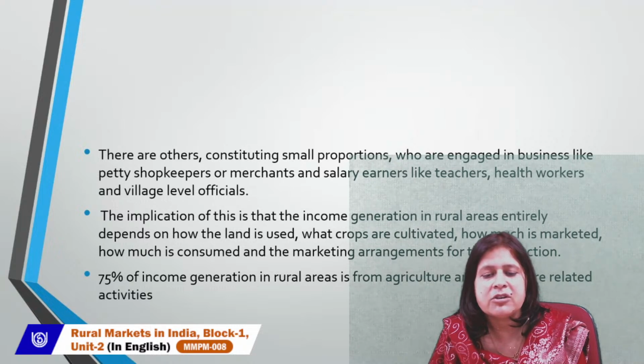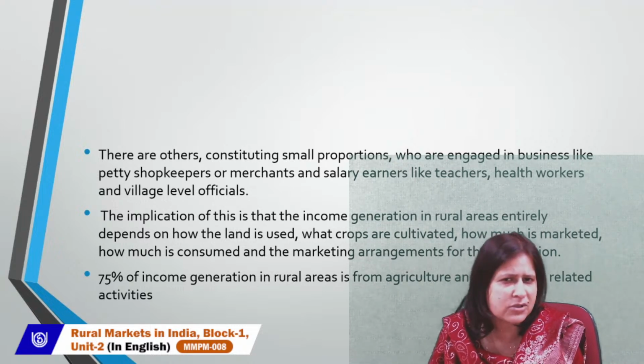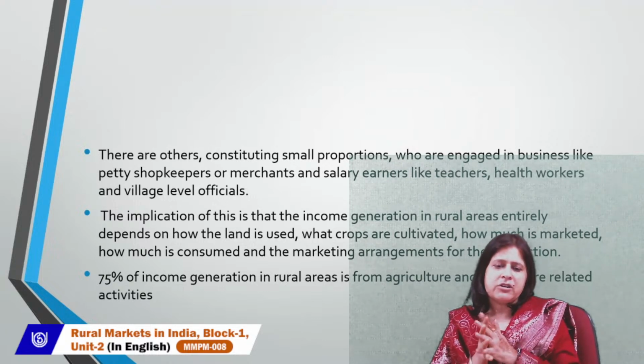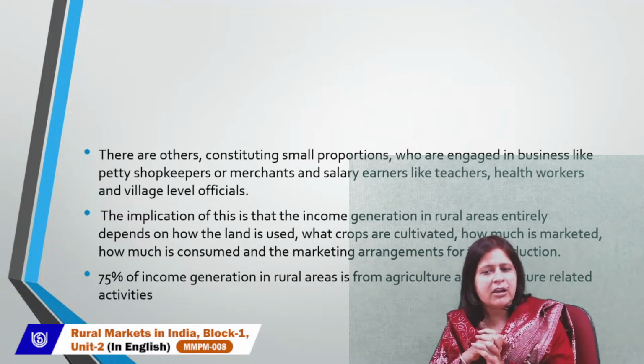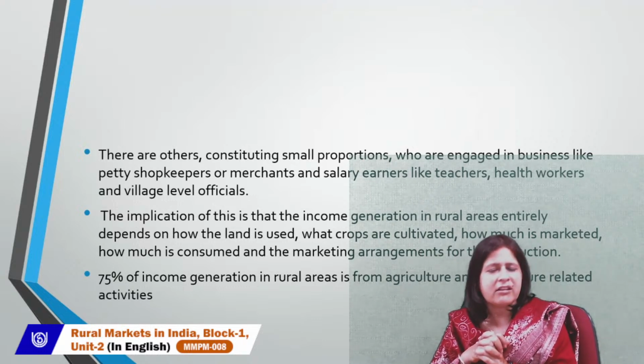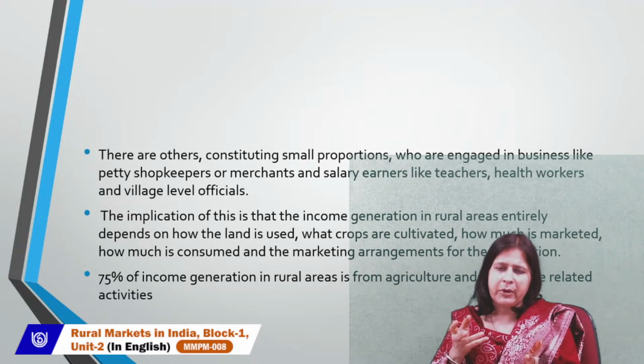75% of income generation in rural areas is from agriculture and agriculture related activities. So 75% of income generation in the rural area depends on agriculture and agricultural related activities, right?